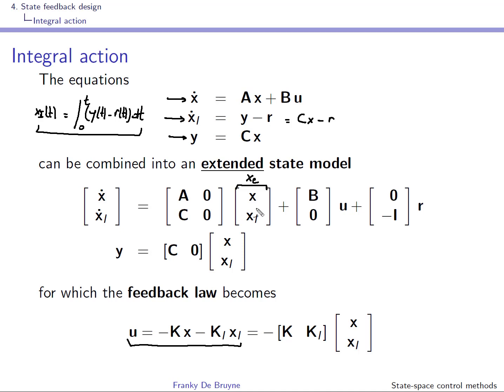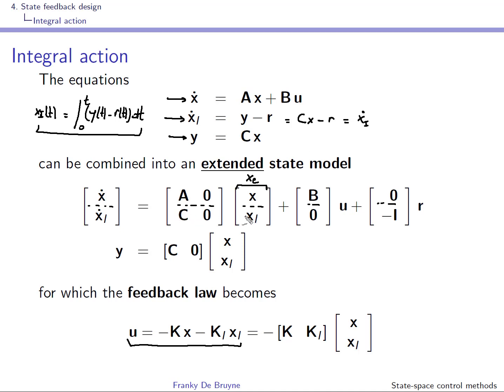So how are we going to construct this extended model? That's quite easy to see. Everything that is above the dashed line implements the original system. X dot is Ax plus Bu, there's no dependence on R. And if you look at this equation here, okay, xi dot is Cx, this is what you've got over here.